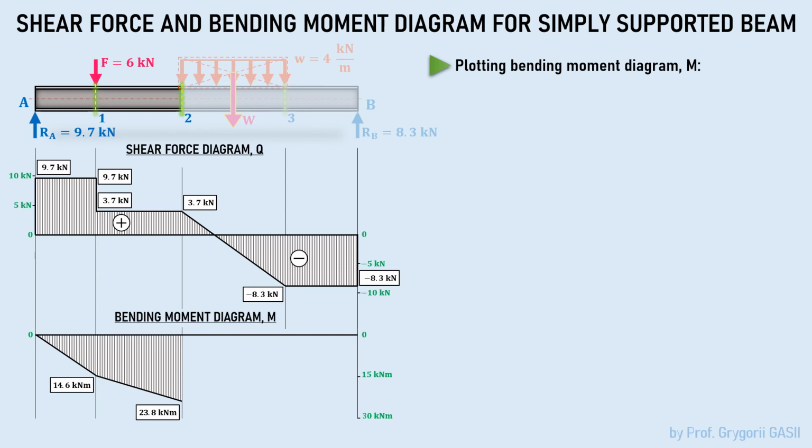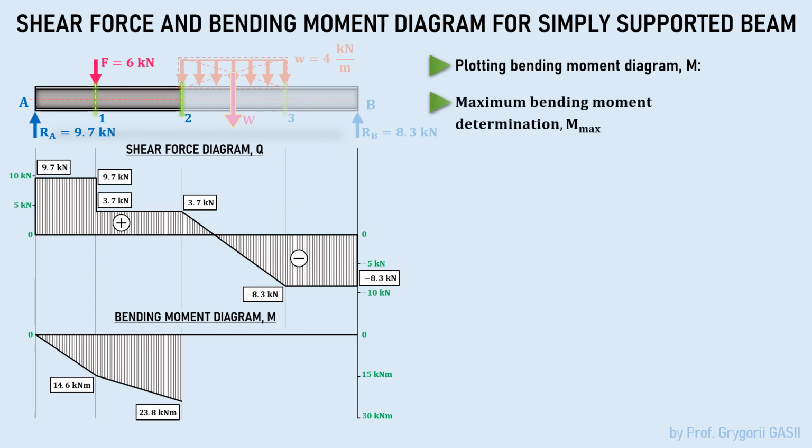But we should be careful, because the most important region of the beam is region 2-3. Because there, firstly, a uniformly distributed load is applied, and secondly, the sign of the shear force changes along this region. And, as you know, at the point where the diagram of the shear force crosses the baseline, there is a maximum bending moment.